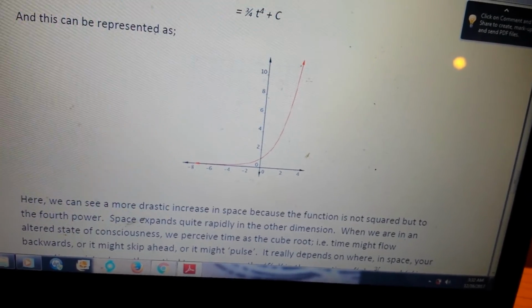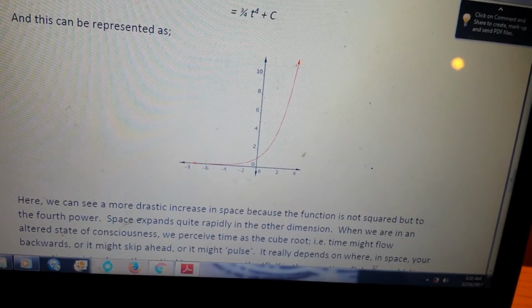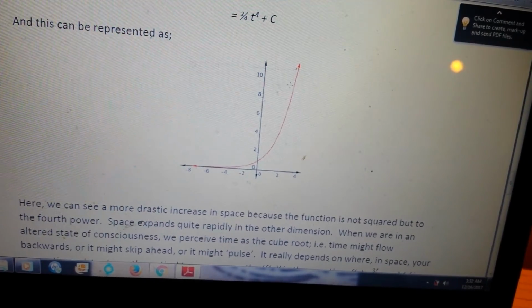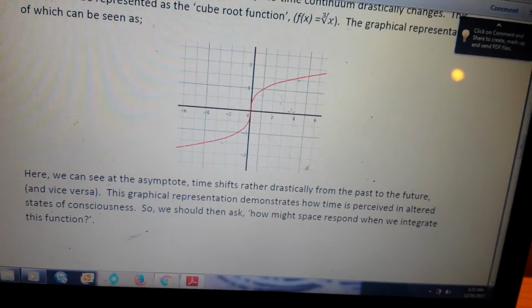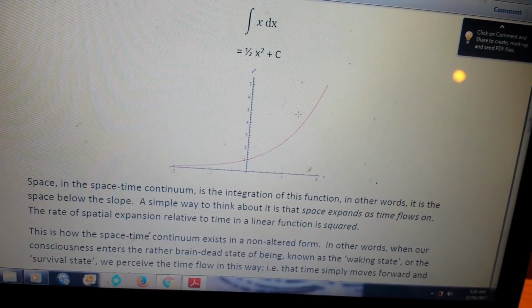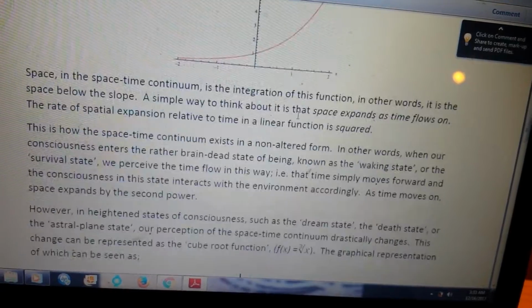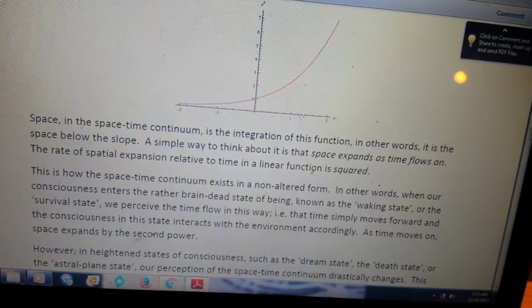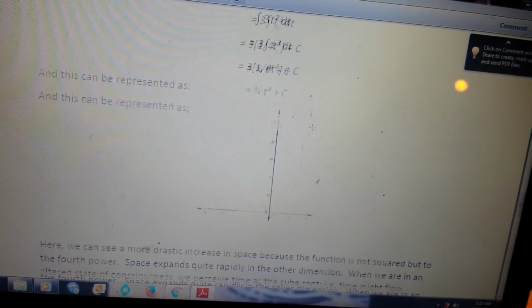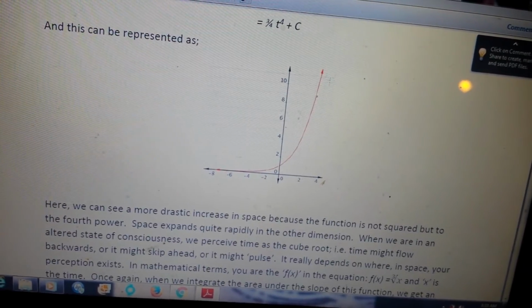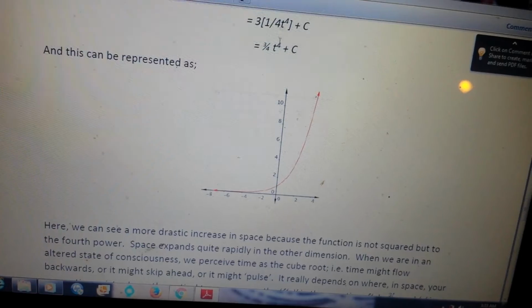So this is the space that's generated in the altered state, and this is the space that's generated in the normal state. So you see there's a big difference. This is squared, and this one is to the fourth. So see?